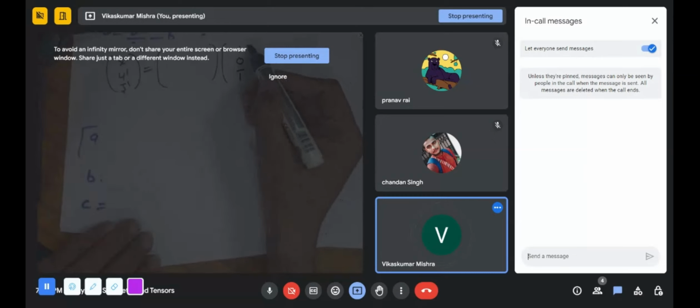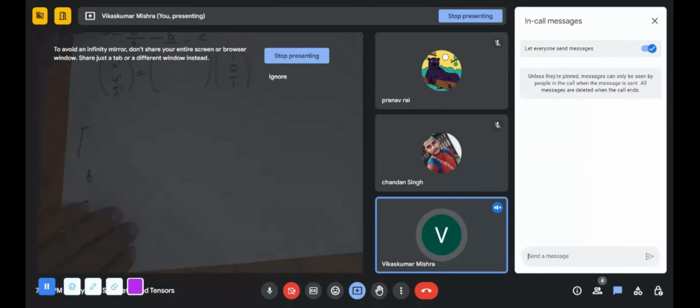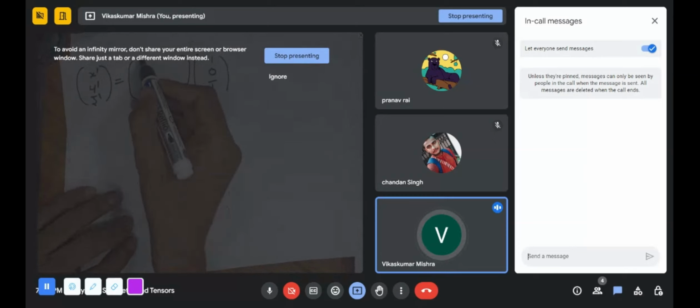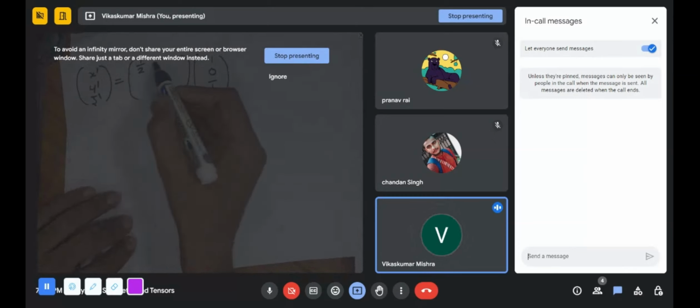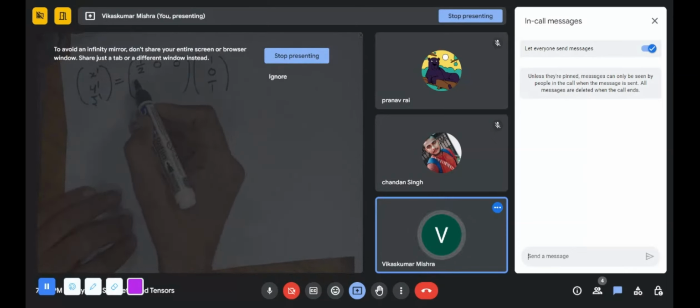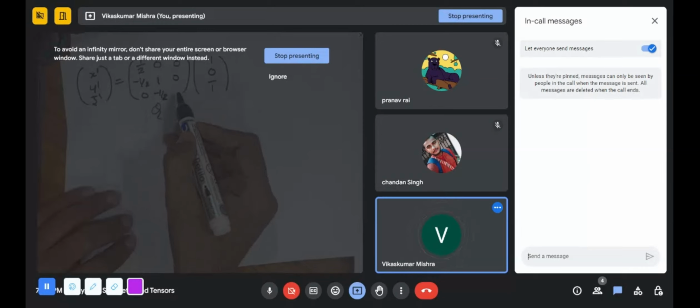So here we can write the value of the Q matrix: half, 0, minus half; 0, 1, minus half; 0, 0, half.